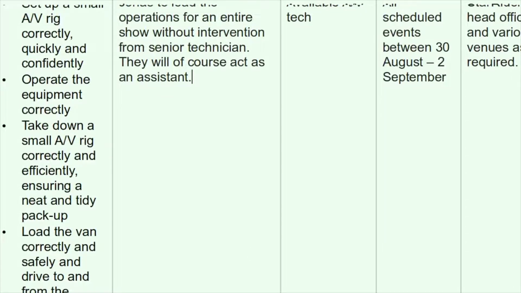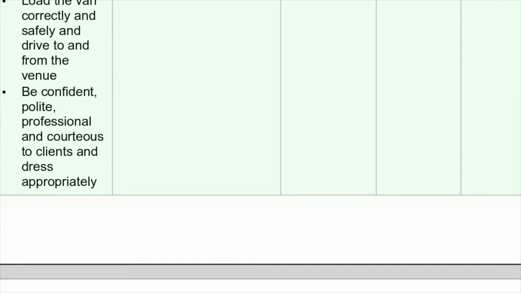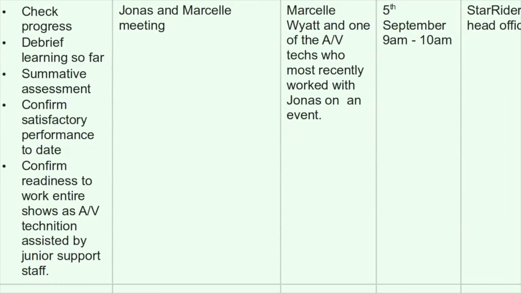The second last item here is a final meeting to check progress, debrief learning, and this time a proper summative assessment instead of formative assessment, confirm satisfactory performance, and confirm readiness to work entire shows as an AV technician assisted by junior support staff. And that's basically it.